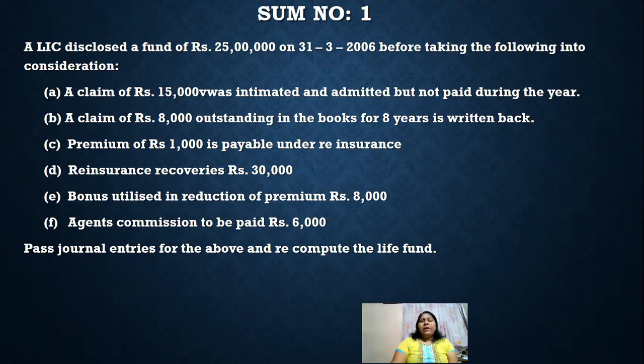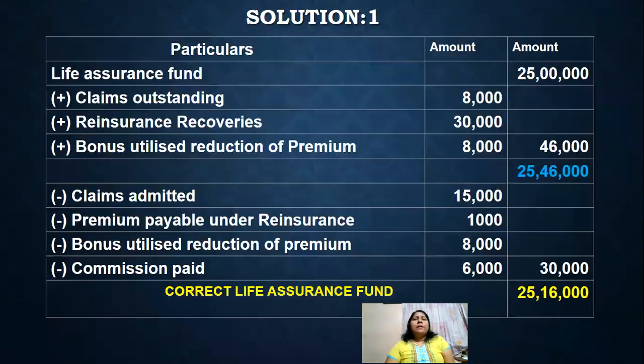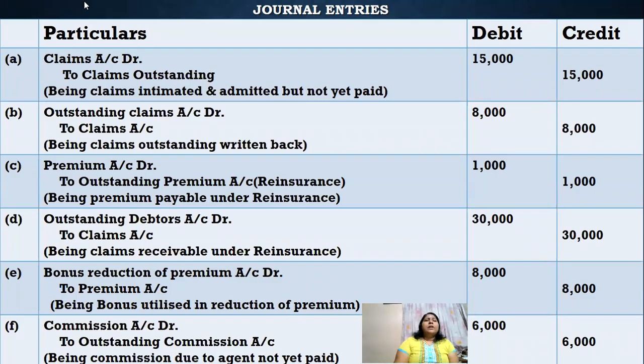So whenever you have a transaction of outstanding claims, you need to pass the journal entry as claims account debit to claims outstanding, being claims intimated and admitted but not yet paid. So post the respective amount. This entry will come whenever there are claims outstanding.